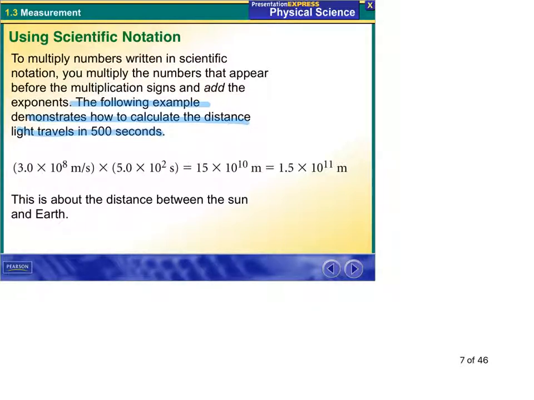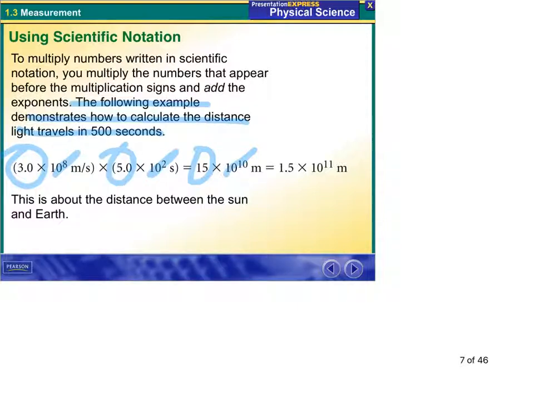So we express the speed of light as 3.0 times 10 to the 8th meters per second and multiply that by 500 seconds, expressed in scientific notation as 5.0 times 10 to the second. Here we take the 3 and the 5 and multiply and get 15. We take the exponents and add them and get 10.